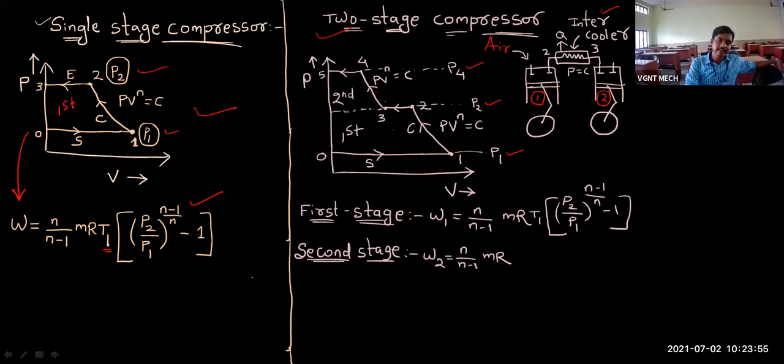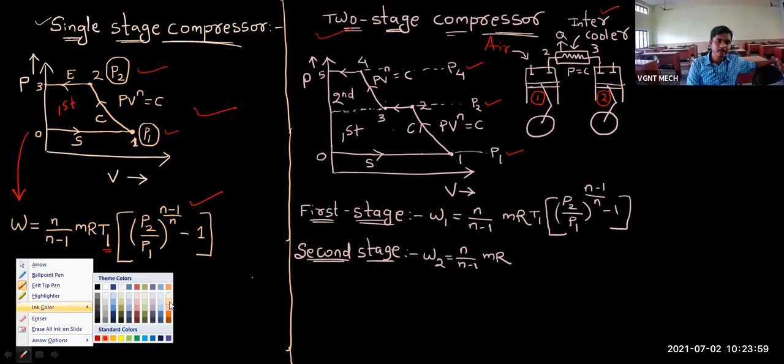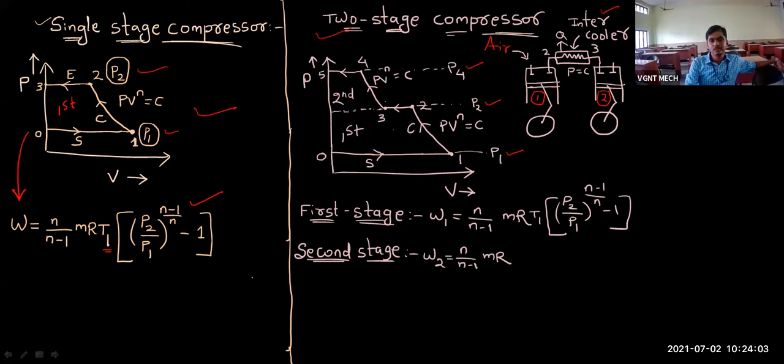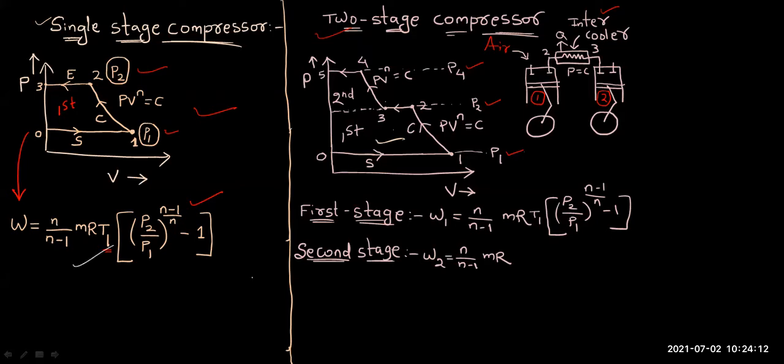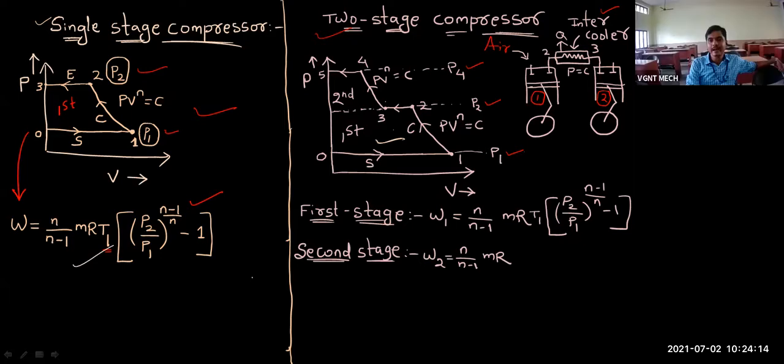Okay, and again similarly we will find the work done formula for the two-stage compressor. For the first stage, the work done W1 equals n by n minus 1 m R T1, because for the first stage this is the compression process and during this compression process the inlet temperature is T1.